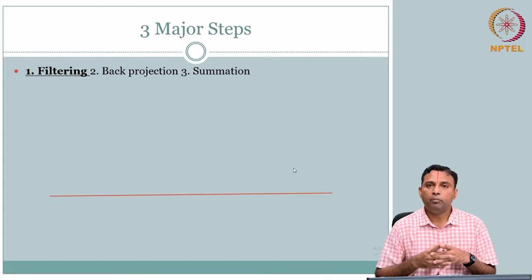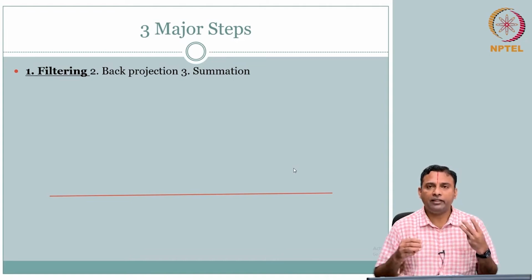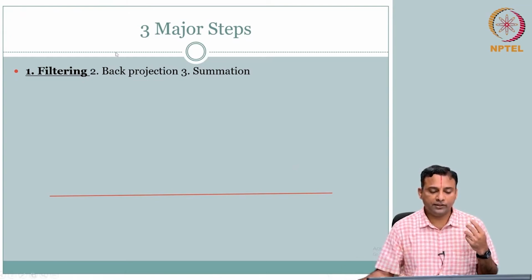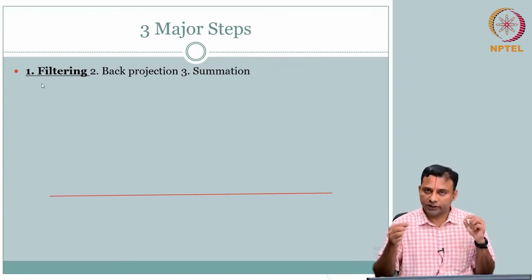Okay, so before we move on, just to recap, all of this reconstruction that we saw so far has three major steps. First is your filtering, right? You get your data acquisition as projections.